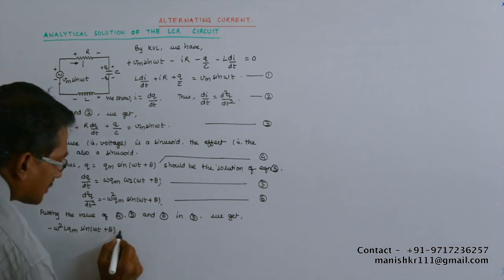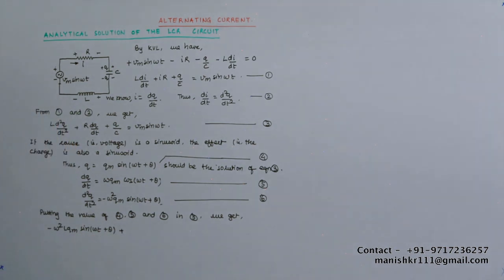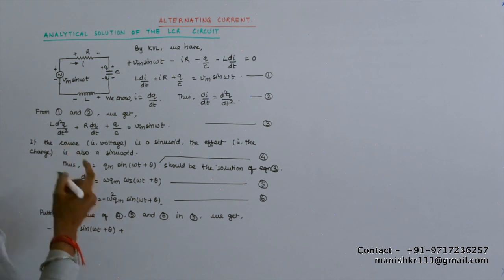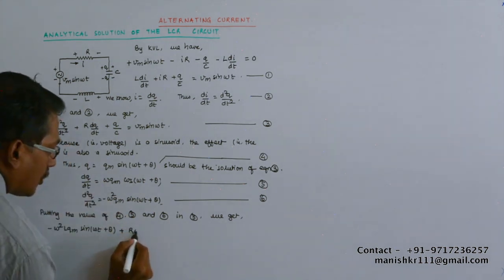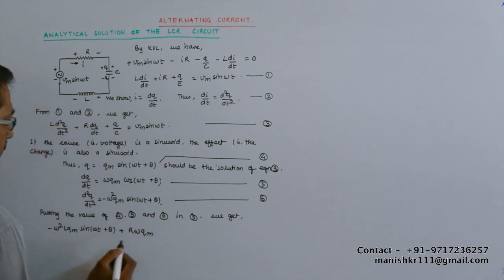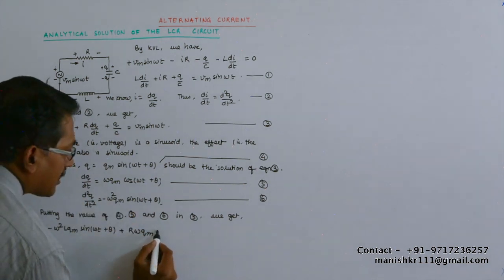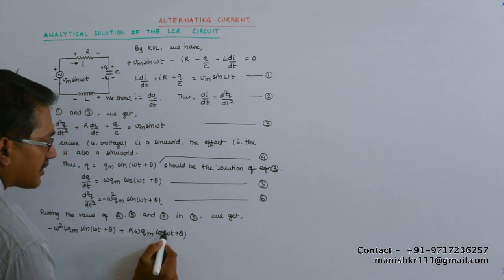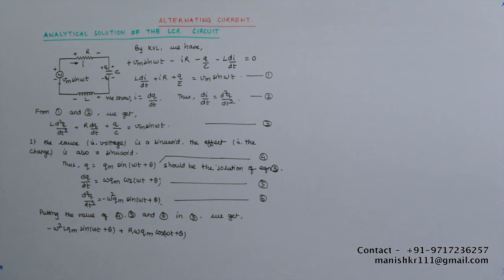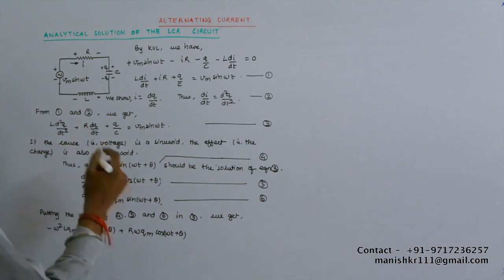Plus R into this omega qm cos omega t plus theta. Is it not? Plus q upon c.